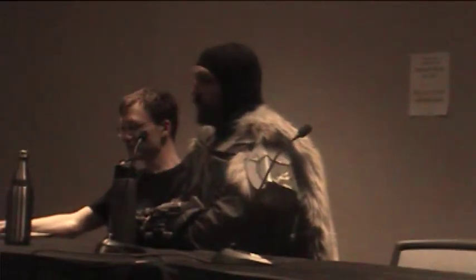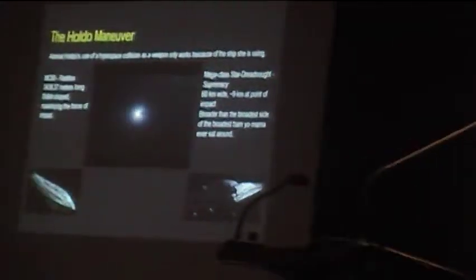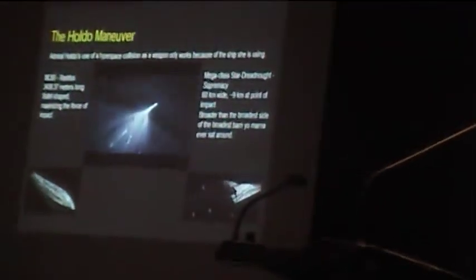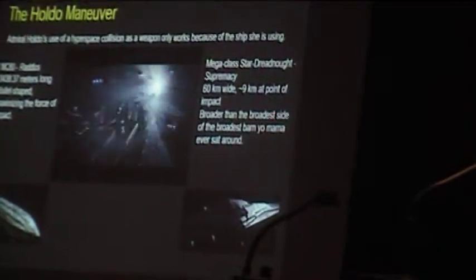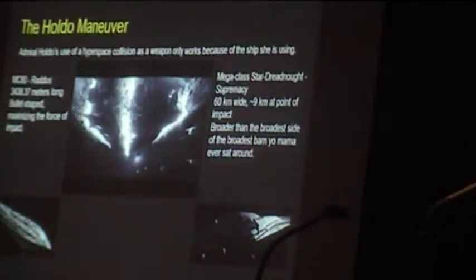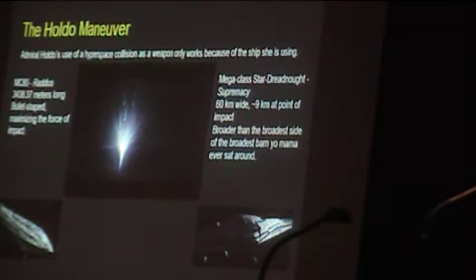So now we're going to get into the meat and bits of the hold-up maneuver. I love this shot. It is fantastic, and the sound design is very, very good. The reason it works is mostly because of the ships involved. We have the Supremacy, which I've got on the right. It's a mega-class Star Dreadnought Supremacy.